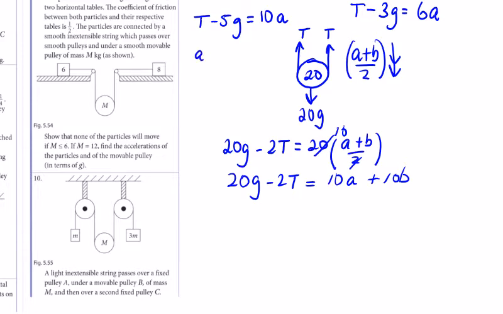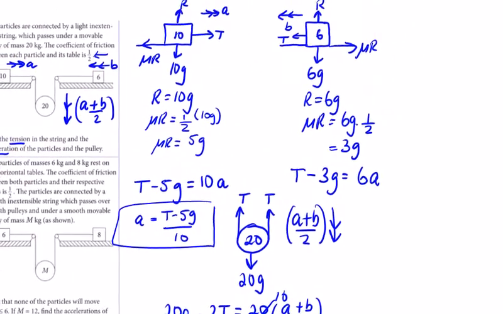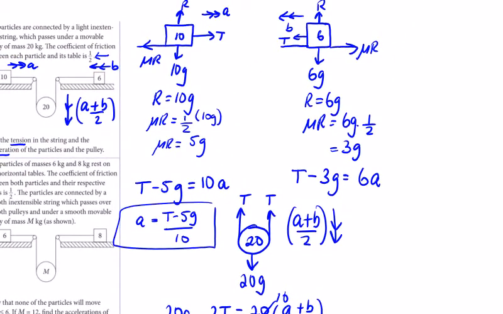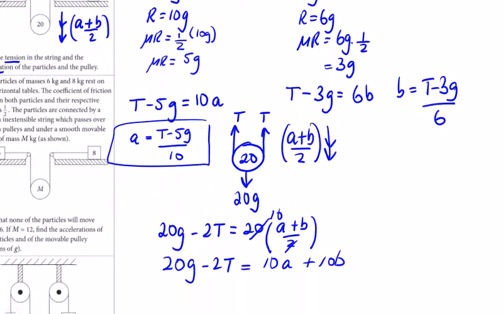So up here, a is equal to (T minus 5g) over 10. And did I call this a? I should have called it b. Just here, easy mistake to make. So b is equal to (T minus 3g) over 6.